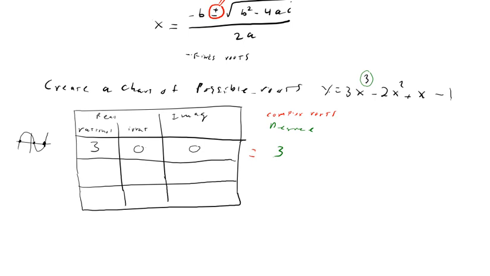What other possibilities can I have? What if only, is it possible to only have 2 rational roots? Is that possible? Instead of 3, maybe let's try 2. If I have 2 rational roots, how many roots do I have left over? They have to equal 3. I need a total of 3 roots.